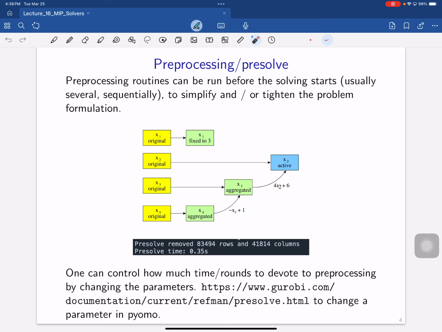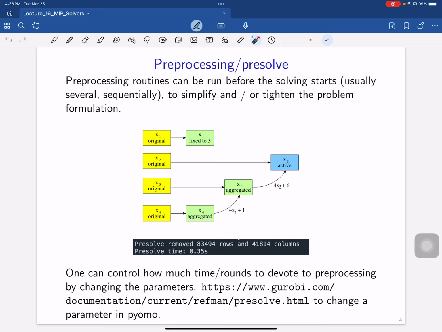It is very intuitive to introduce those variables, but mathematically those variables are useless, right? So what pre-solve does is it will help you eliminate those redundant variables and constraints and help you tighten the variable bounds, for example, right? There are different ways to do that.